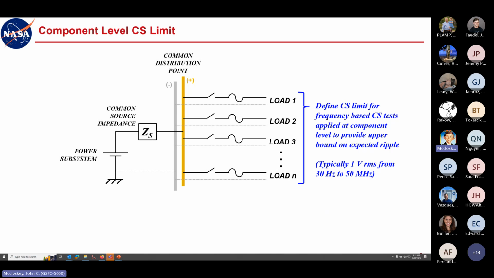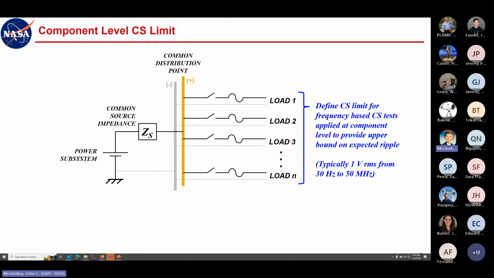So our default, at least in GEVs, is 1 volt RMS over the frequency range of 30 hertz to 50 megahertz. So clearly, if you take 1 volt RMS over that whole frequency range and integrate it all together, you'll get something considerably more than 1 volt peak to peak in the time domain.